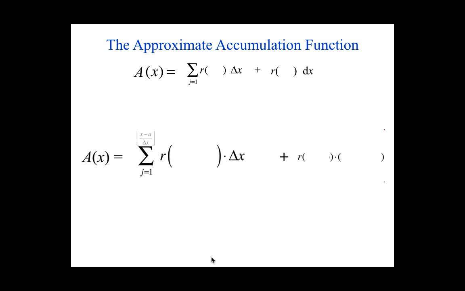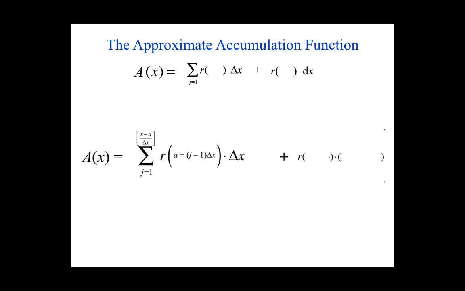Just looking at the pieces of this again, I'm taking a sum where I let j, which is going to show up inside the summand here in this expression after the sigma, vary from 1 up through x minus a over delta x. Remember, x minus a over delta x, rounded down, floored, tells me how many complete intervals I have. So 1 through all of the complete intervals. And this inside part here, a plus j minus 1 delta x, is where I'm evaluating my rate function.